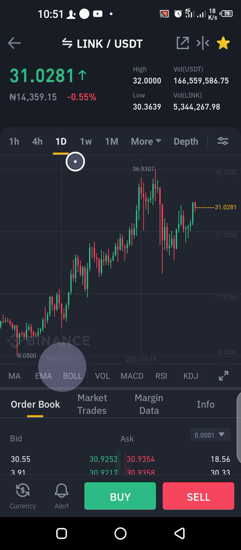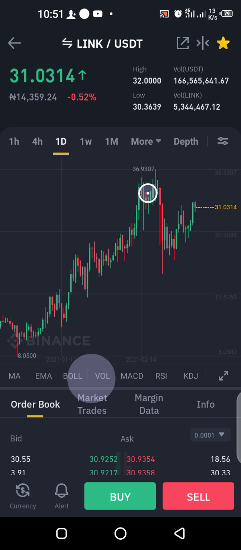And don't forget, the resistance and support levels are where pro traders, where smart money, operate. By smart money, I mean professional traders that have lots of capital to enter the market with. Whales in the market, those ones are the people who are called smart money.